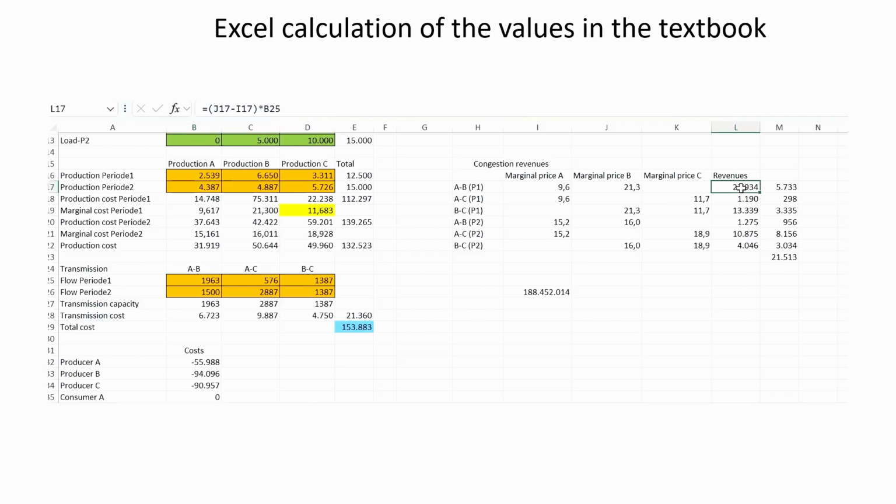This is this value here, and this value here we also divide with 4 because it is only 1/4 of the time that we are in period 1. We do the same for the line AC here: the difference between the prices in the two areas multiplied with the flow, and we get this value here, and we divide it with 4.